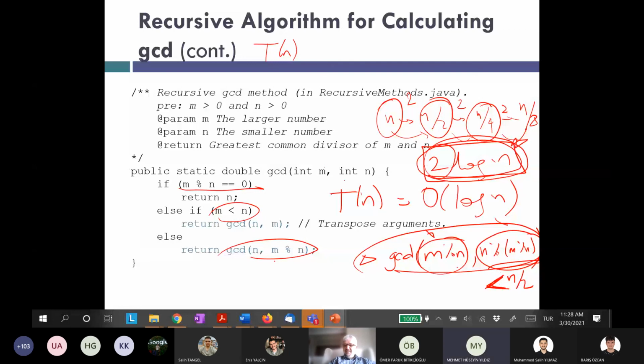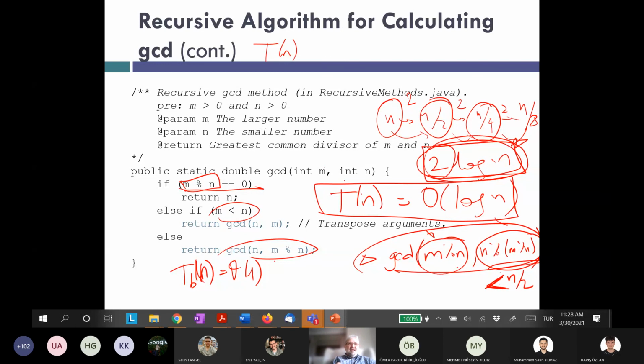Is it clear now? Sir, is there a way to find the exact value? No, it is not easy. So the best case running time is when m and n are equal or n divides m, right? And that is a constant time operation. That's the best case. And the worst case is logarithmic time. And the general running time will be O log n.